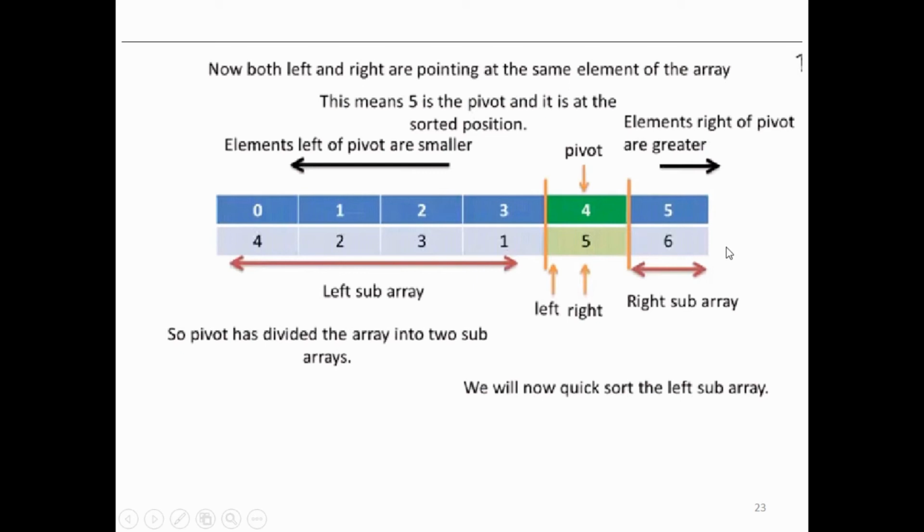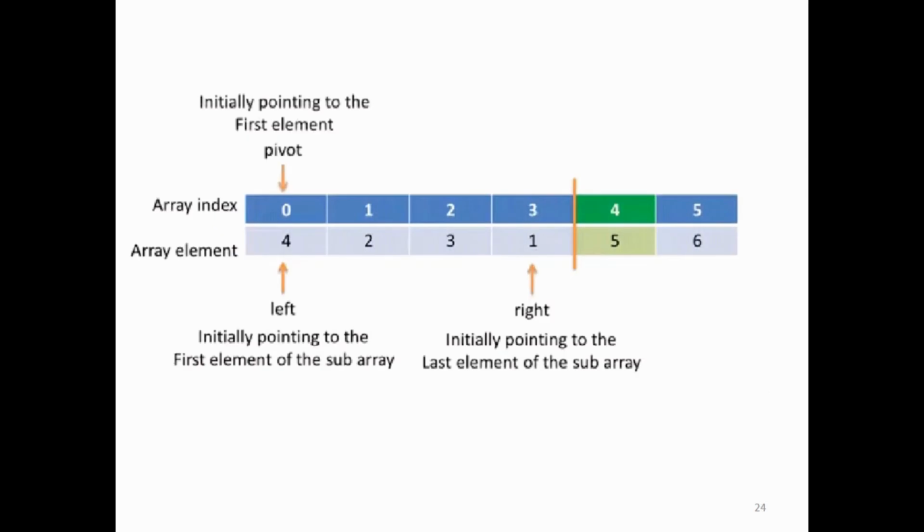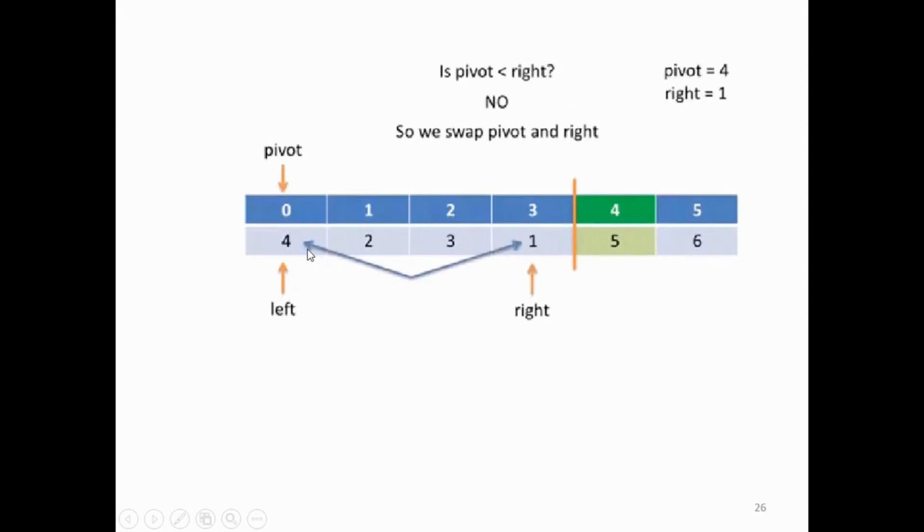With the same process we have to sort the left subarray. Then we again consider the first element as the pivot, the leftmost element as left, and the rightmost element as right. In the same process, the pivot is greater than the rightmost element, so it will swap.